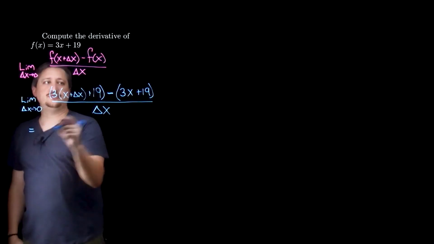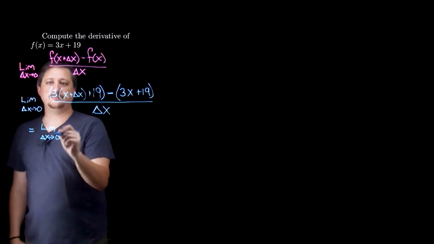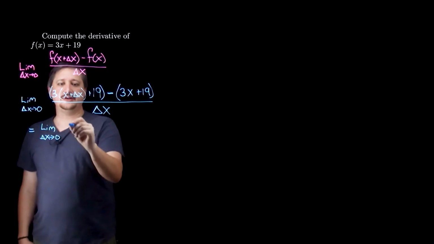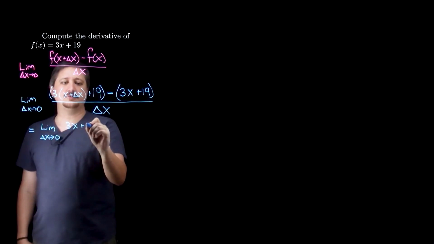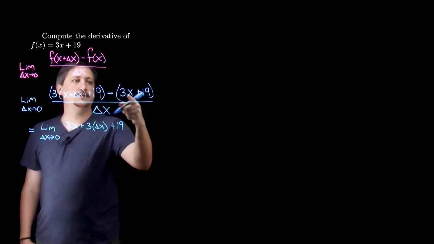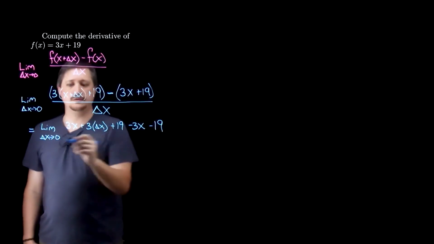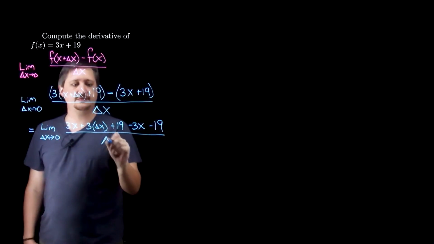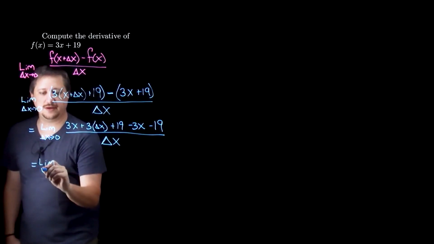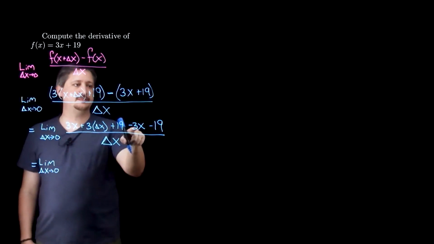So now I can distribute my negative. Remember, I want to keep writing my limit the whole way. So I'm going to distribute my 3 here. So I'm going to get 3x plus 3 times delta x plus 19 minus 3x minus 19 all over delta x. And that is still the limit as delta x goes to 0. So here I have a plus 3x and a minus 3x.